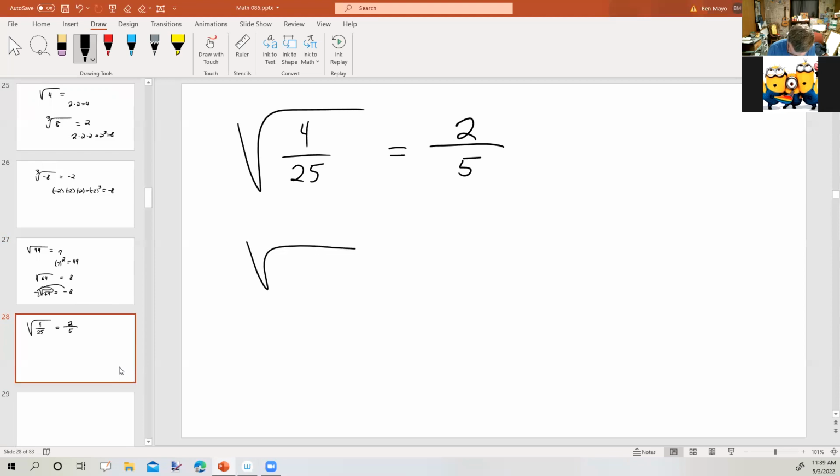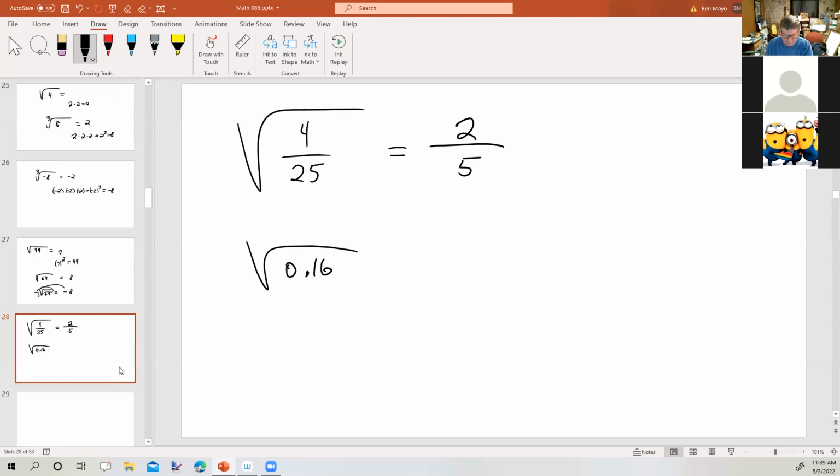What about the square root of 0.16? Well, what's the square root of 16? 4. Right, okay. But this is 0.16. So would it be 0.04? Well, let's see, what's 0.04 times 0.04?